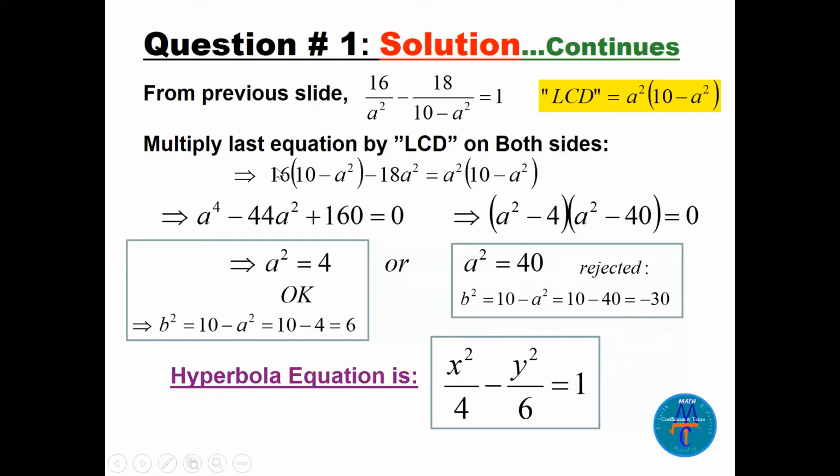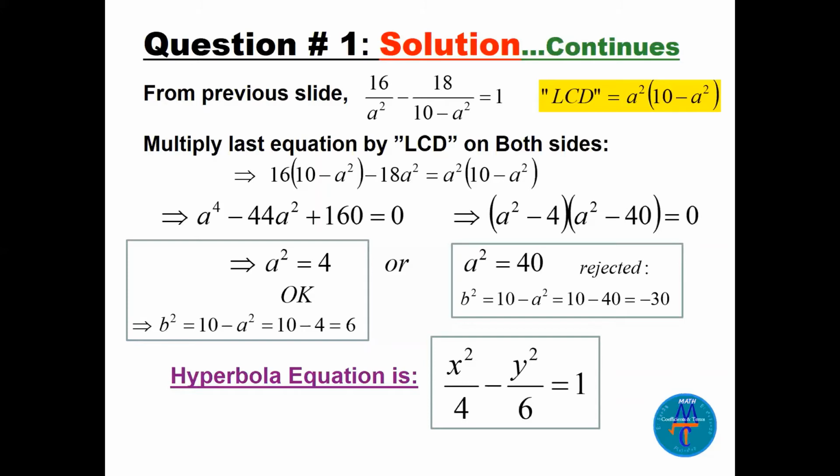You have to expand it, distribute the 16, distribute the A squared, you will get this one here. You see this nice equation? No, it's not nice. A to the power 4 minus 44A squared plus 160. We need to factor it. That's power 4.